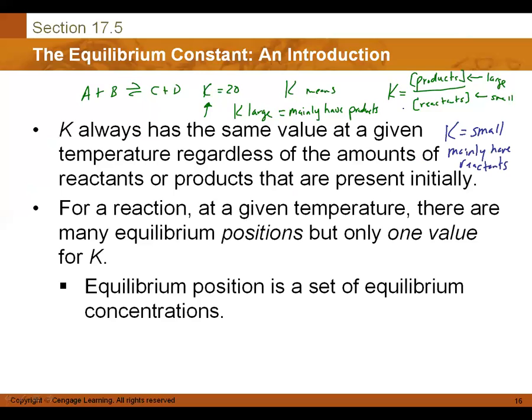And again, just mathematically thinking about it, that means that this number here would have to be large and this number here would have to be small, right? Take a small number divided by a large number, you get a small number. And we can actually use the K value to help us determine, when we look at a reaction, what we should expect to see when it does reach equilibrium.